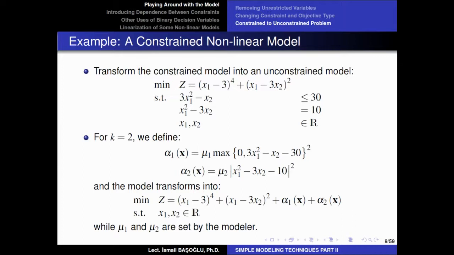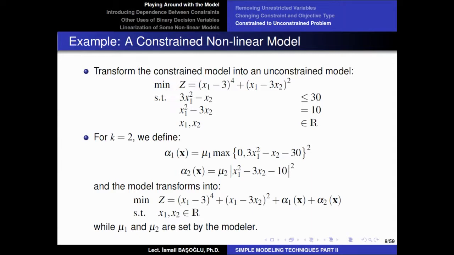In the solution procedure, these kinds of choices may or may not help you. You need to choose a logical number, because when you choose these powers large, then the objective function will not be that smooth, and you are going to see a huge amount of increases and decreases whenever a constraint is violated or not violated.